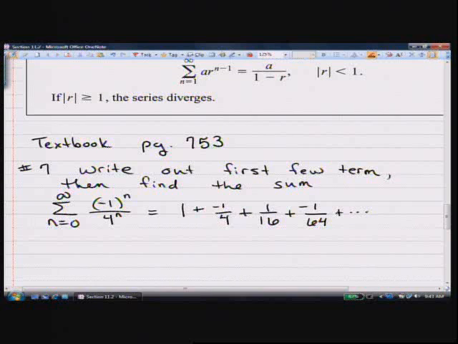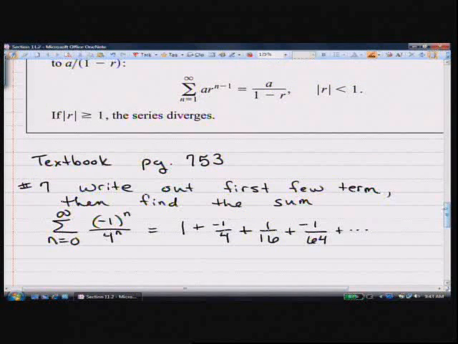And if we wanted, we could see that this is in fact a geometric series. I should have thought of this first.